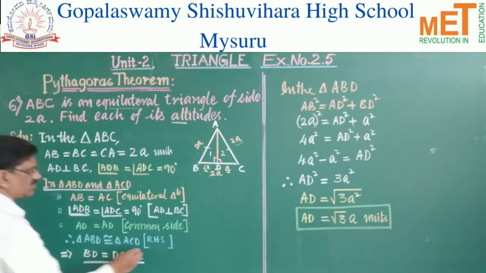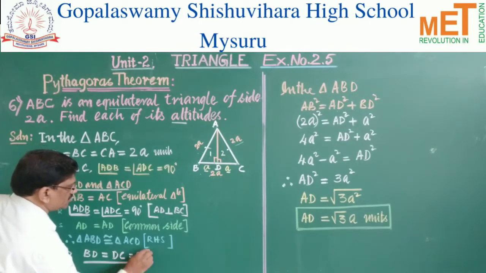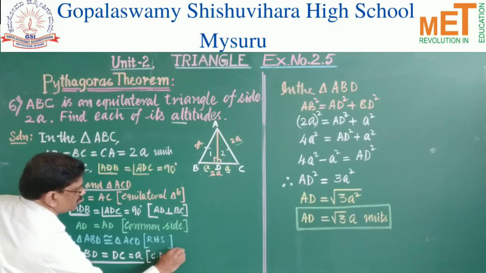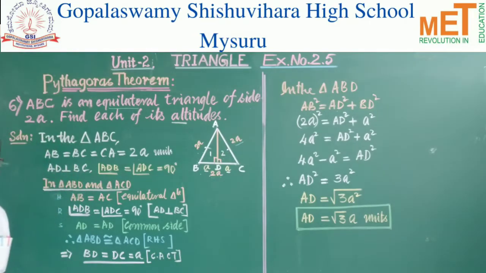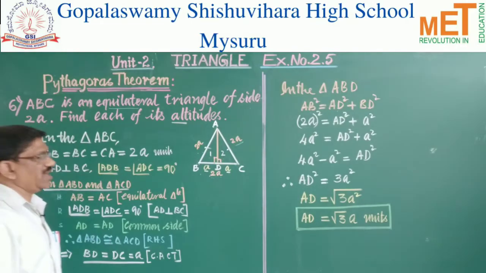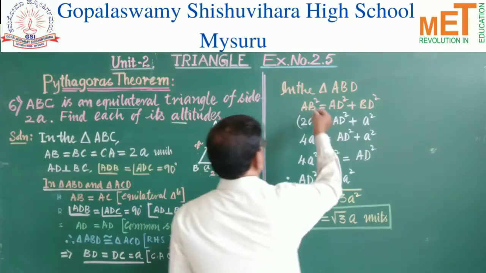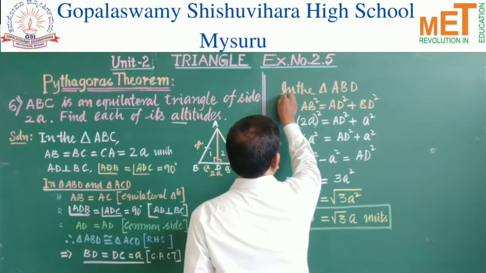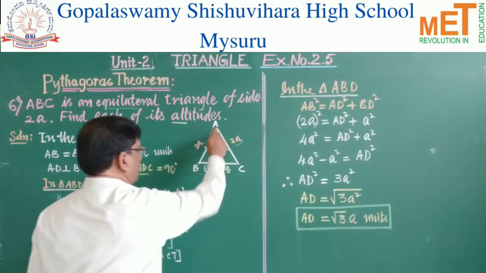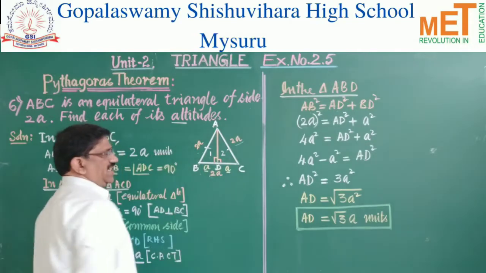They are equal by CPCT, corresponding parts of congruent triangles. Understood children? Now we shall take the triangle ABD. Any one of these two you can take, either ABD or ADC.